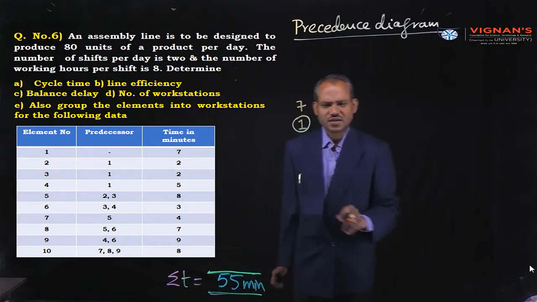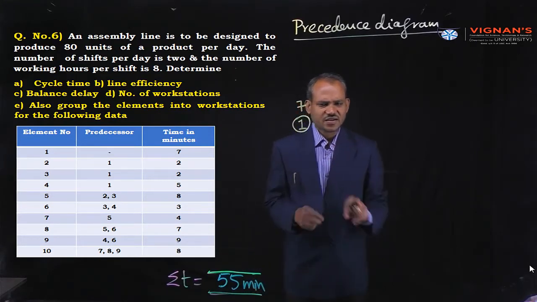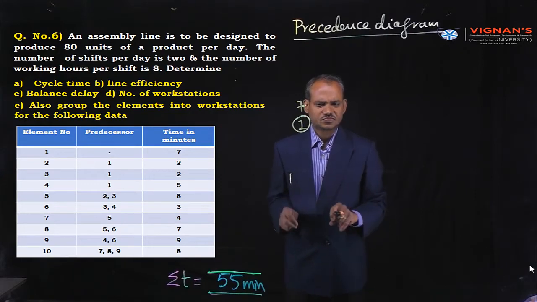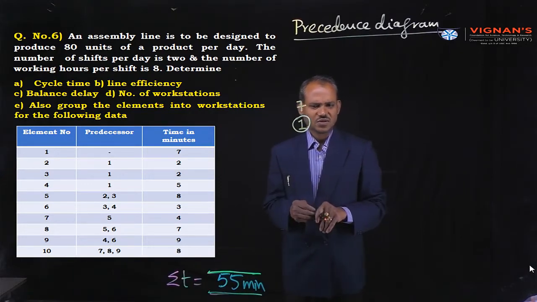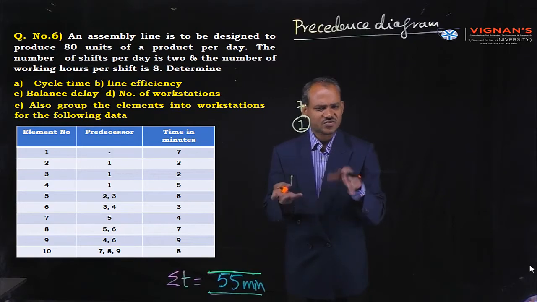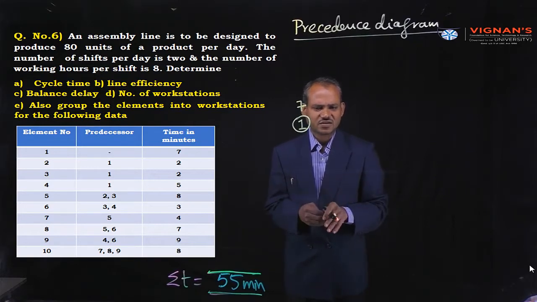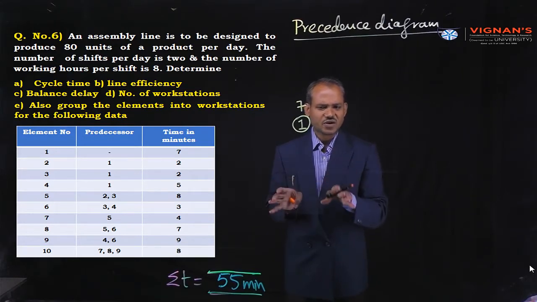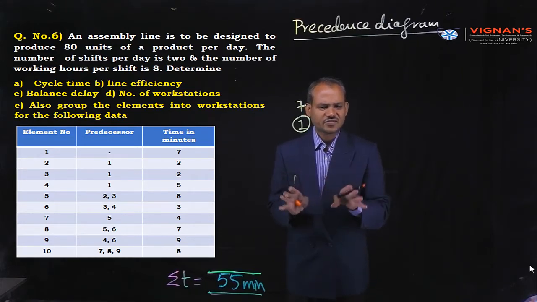Okay. Next, consider element number 2. What is the predecessor element? 1. Next element, number 3. For 3 also, predecessor is 1. Element number 4 also, predecessor is 1.